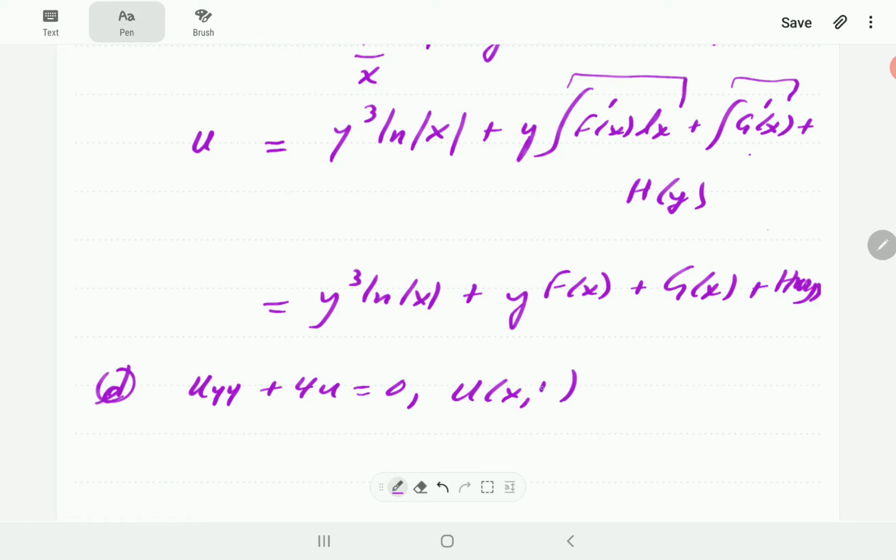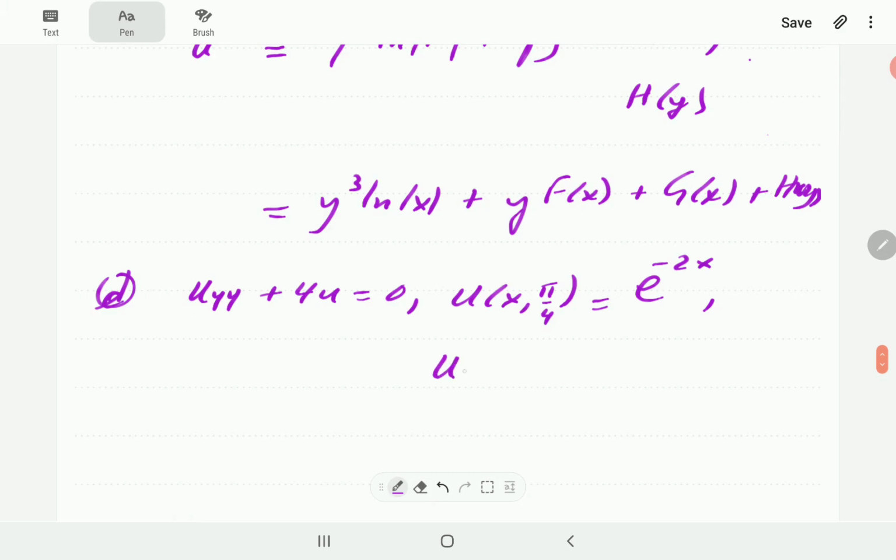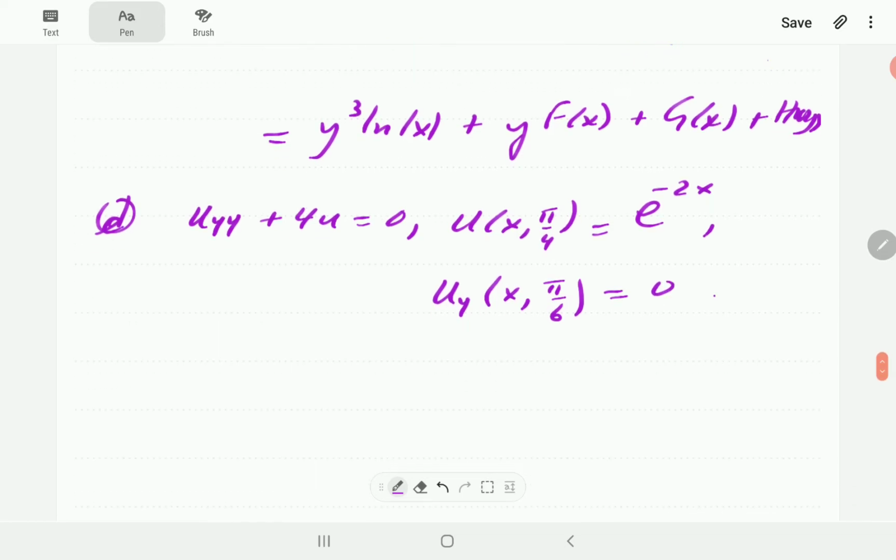When x is equal to pi on 4, u is equal to e to the minus 2x, and then the y derivative of u when x is pi on 6 is equal to 0. Okay, so this is a boundary value problem.